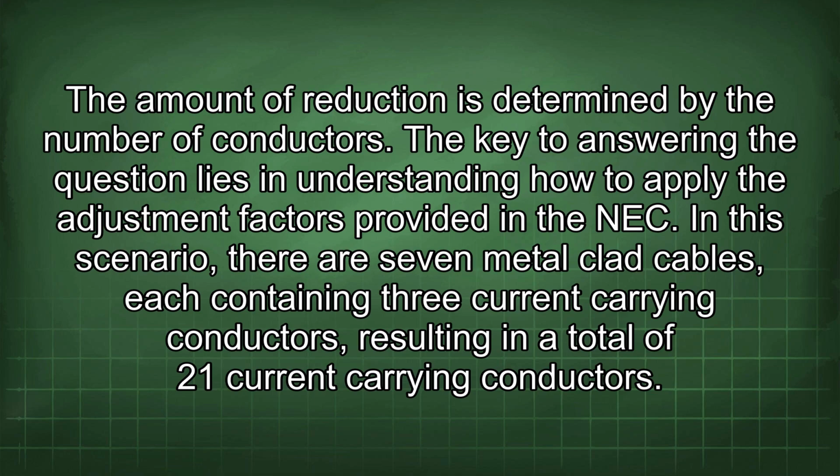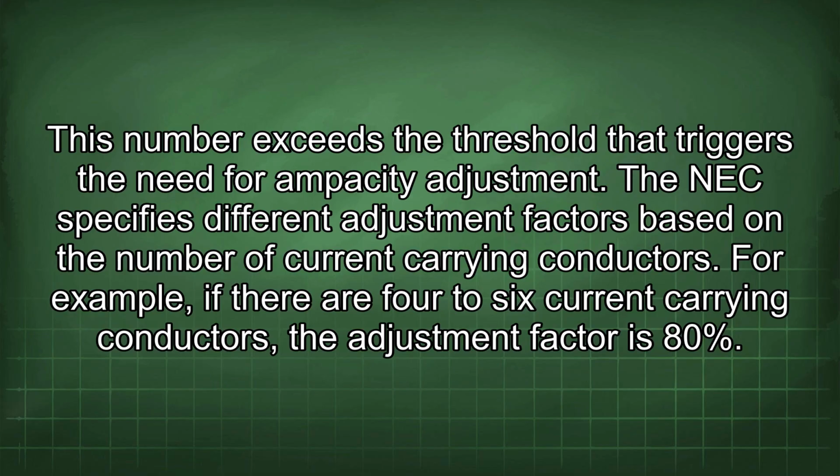The key to answering the question lies in understanding how to apply the adjustment factors provided in the NEC. In this scenario, there are 7 metal-clad cables, each containing 3 current-carrying conductors, resulting in a total of 21 current-carrying conductors. This number exceeds the threshold that triggers the need for ampacity adjustment.